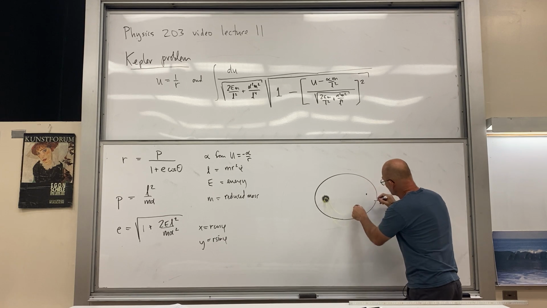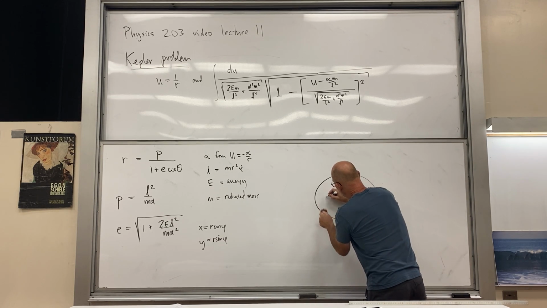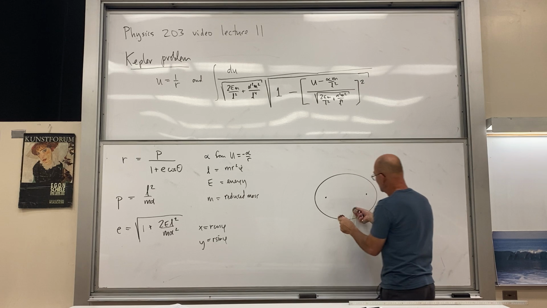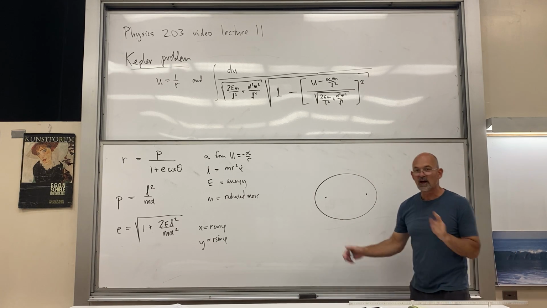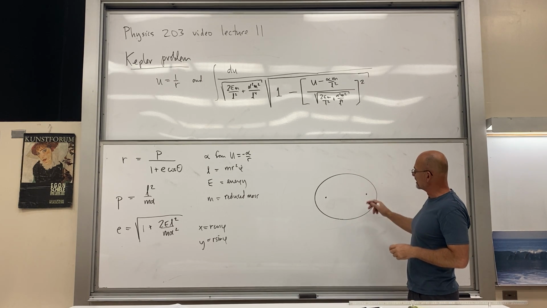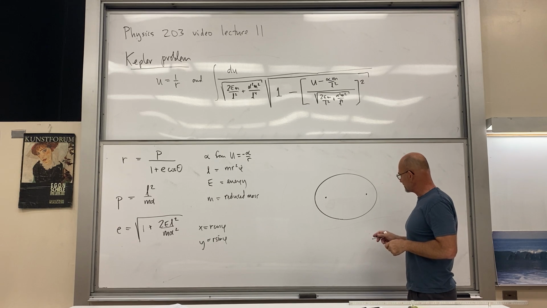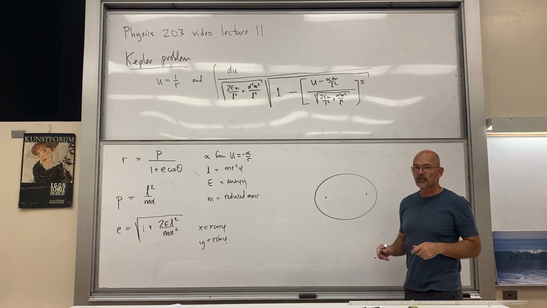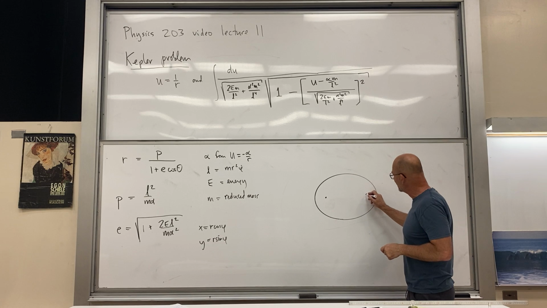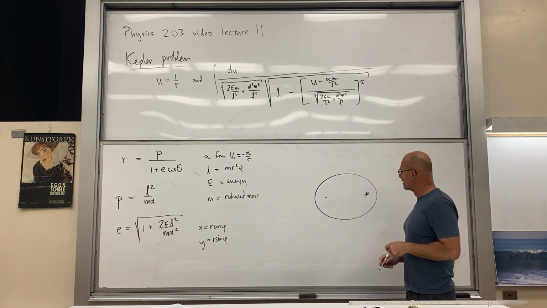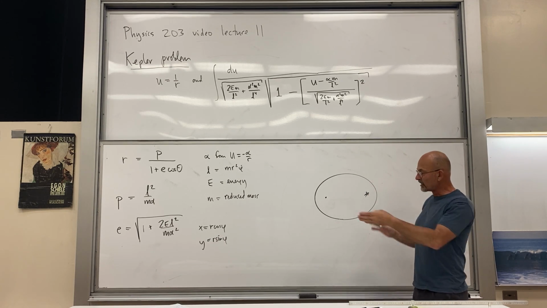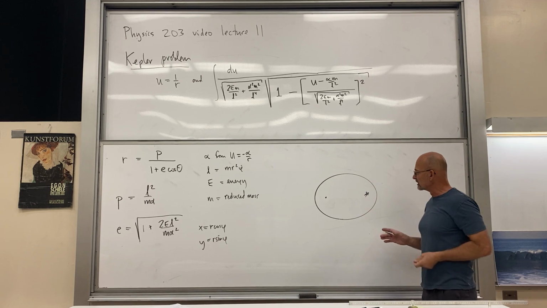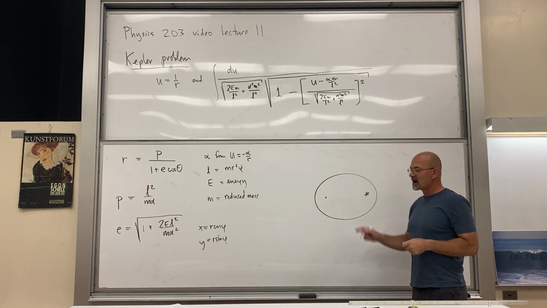There's one focus, there's the other. So Kepler's first law is going to be that the orbits of the planets around the sun are ellipses with the sun at one focus. That would be this one. Of course, our planetary orbits are much closer to the circles we were looking at. This could be more of a comet type of orbit.